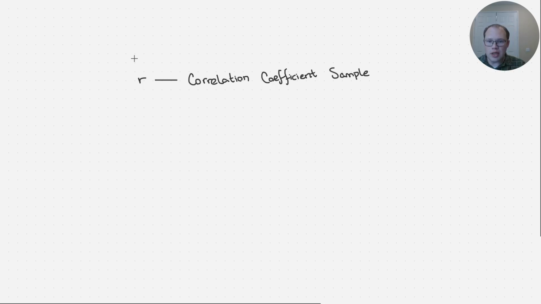We use the Greek letter rho, spelled R-H-O. Notice it looks like a p. It is not a p. This is a p. This is a rho. A little bit different. Okay? This is the symbol we use to represent the correlation coefficient for an entire population.